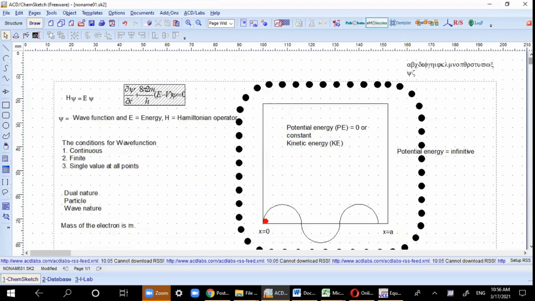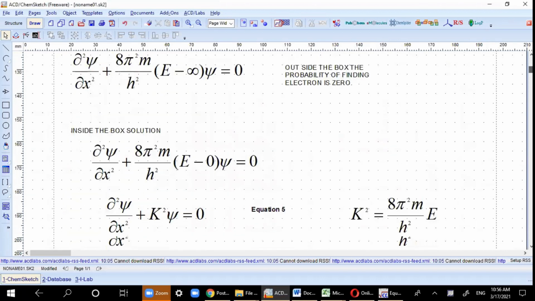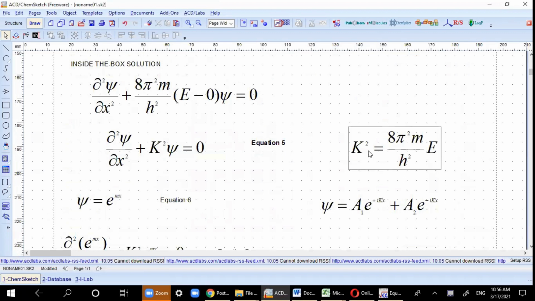Students, if you are having any doubts, please let me know now itself. We are solving for the wave function. We have already solved for the energy. Here in the assumption itself we have k square equal to 8 pi square m by h square. If you want energy, what is the solution?